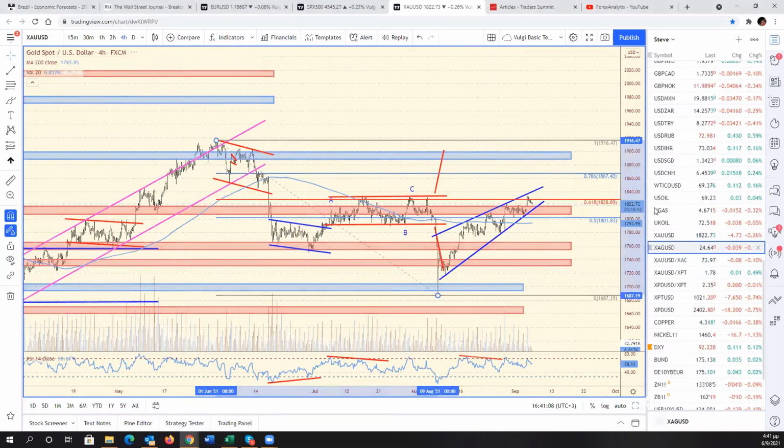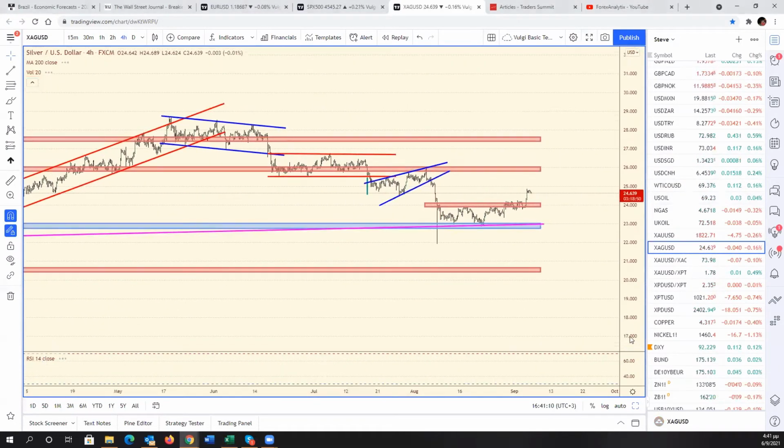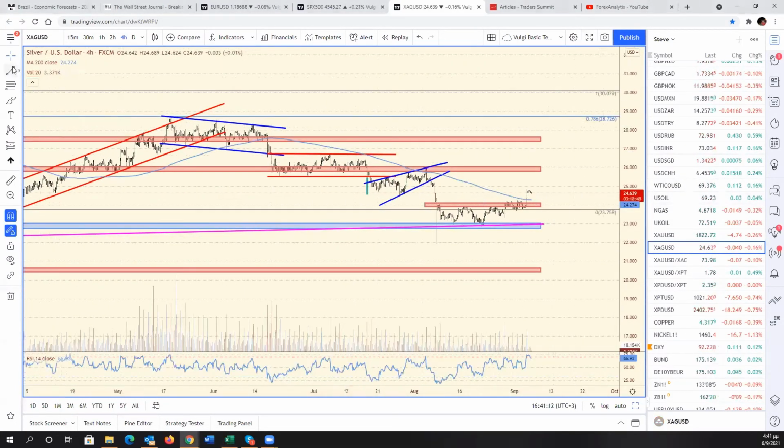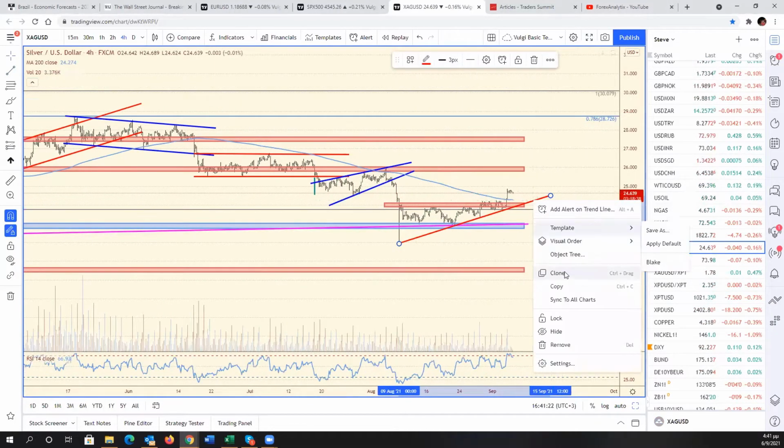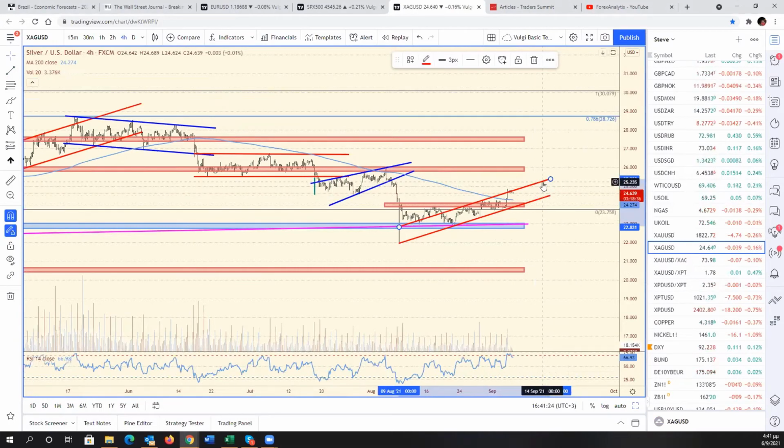There it is. Silver. Now, the bearish case scenario for silver looks very much like the bearish case scenario in gold. Right. Would be something like this.